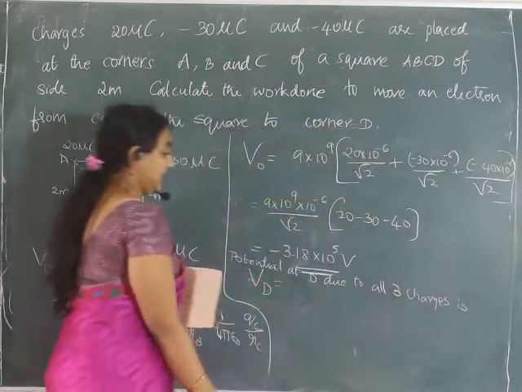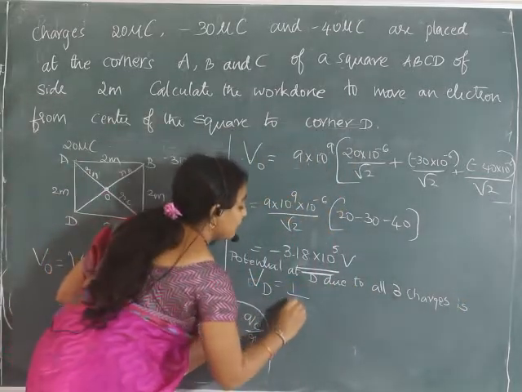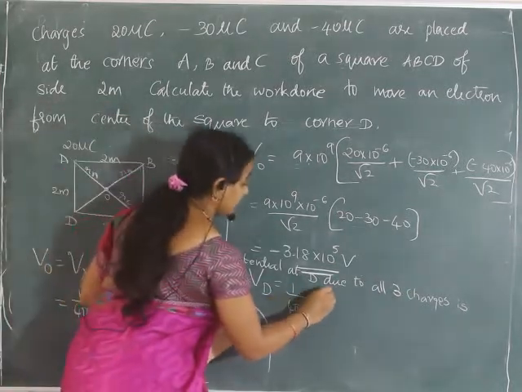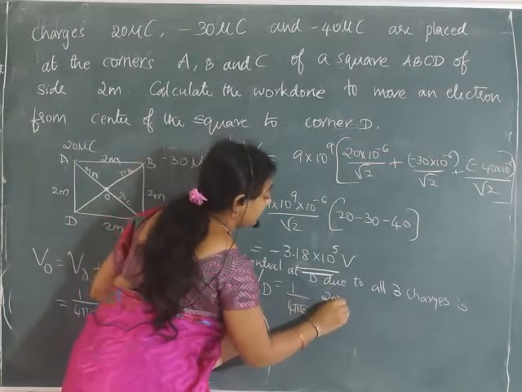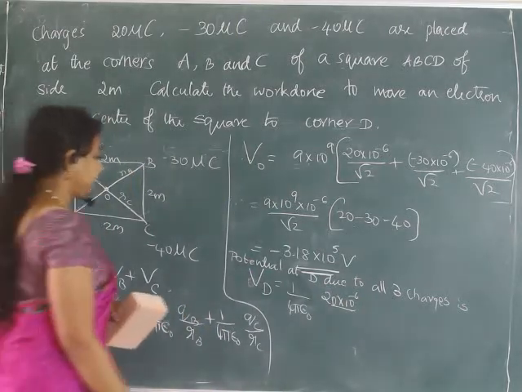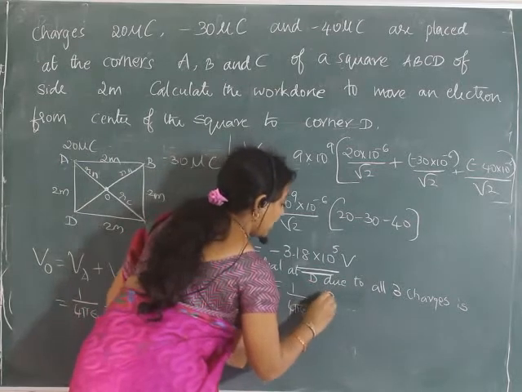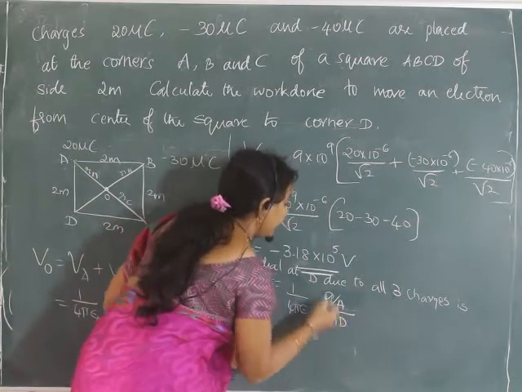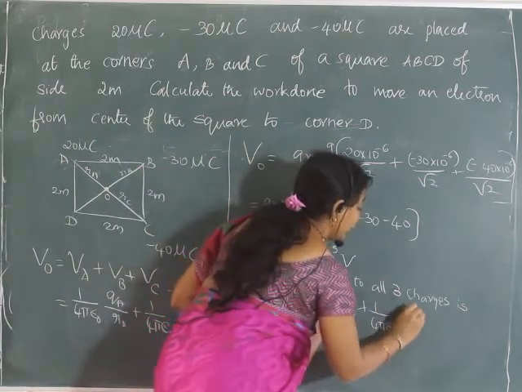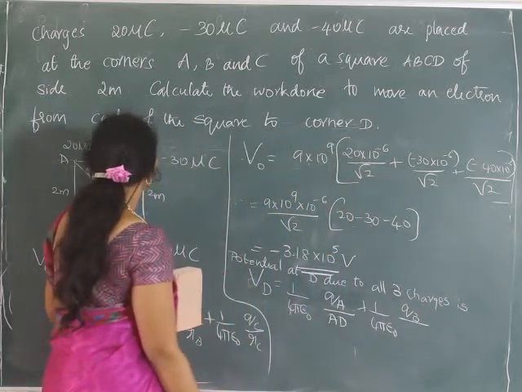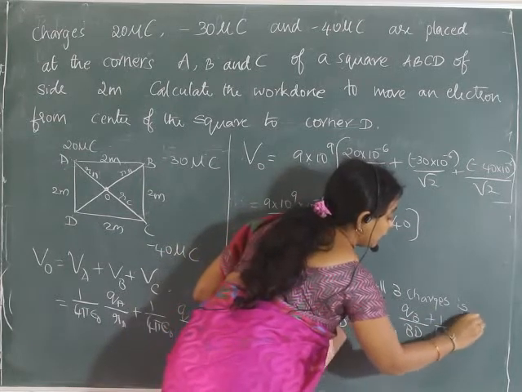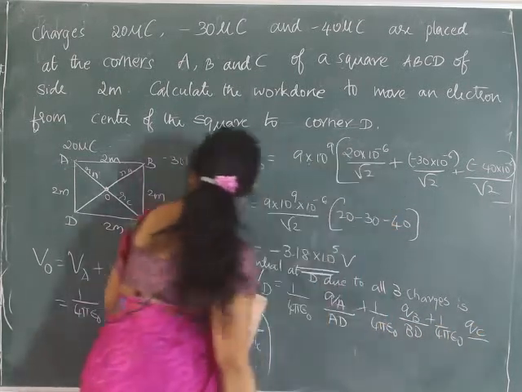VD is equal to 1 by 4 pi epsilon naught Q1 or 20 into 10 to the power minus 6 divided by distance AD, QA divided by AD, plus 1 by 4 pi epsilon naught QB divided by BD, plus 1 by 4 pi epsilon naught QC divided by CD.